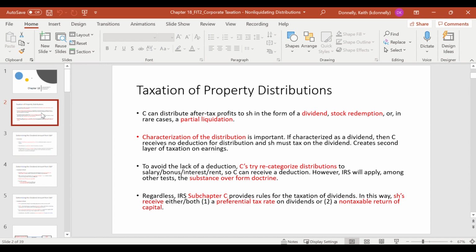In any event, subchapter C provides the rules for the taxation of dividends. Basically, anytime you're a shareholder and you receive a dividend, you're either going to have a preferential tax rate on those dividends, assuming you meet certain rules, or part of what you received would be a non-taxable return of capital. So a lot of this chapter is a little bit ambiguous. You have to think about it.